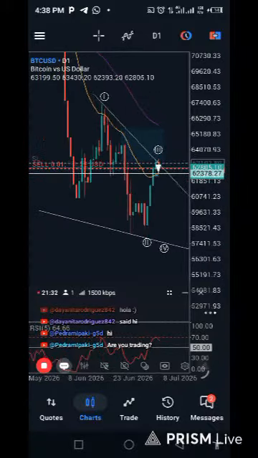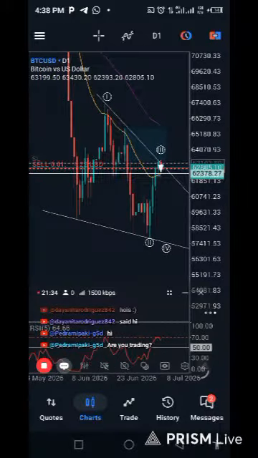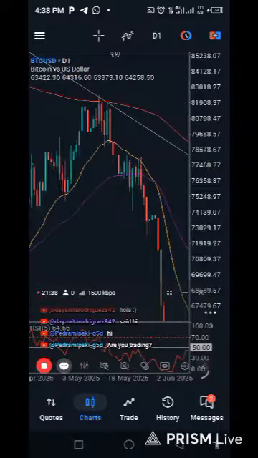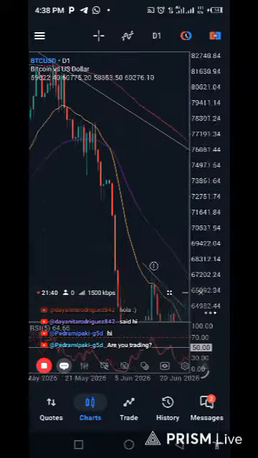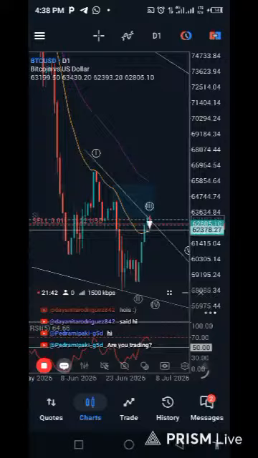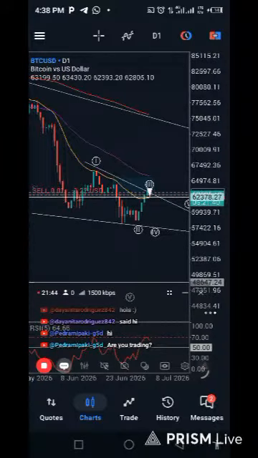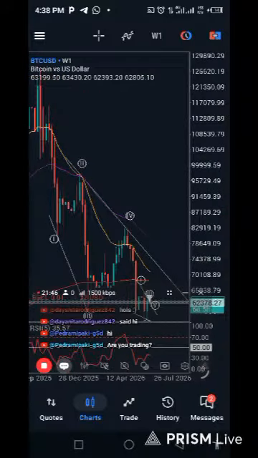Most times, if you see a very long trend, maybe downtrend or uptrend, always check towards the ending of that trend. Let's go to a weekly time frame so you see clearly.